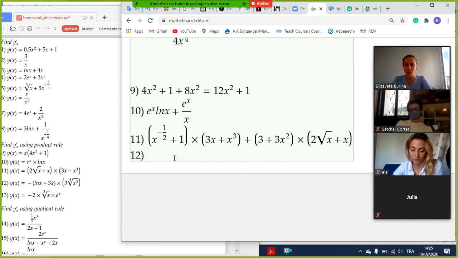Okay, great. Then our number 12, which also makes sense to do with product rule. Just I want to rewrite it again, for you to get used to nicer notation. So here we have a lot of stuff, and you could make a mistake again.